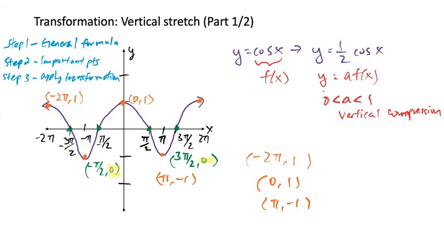So now we will apply the vertical stretch, which is a half, in the y coordinate. So we times a half. Here, we multiply by a half, and we get a half.